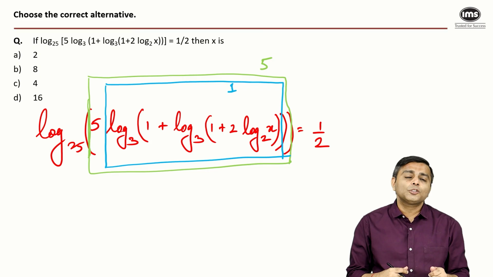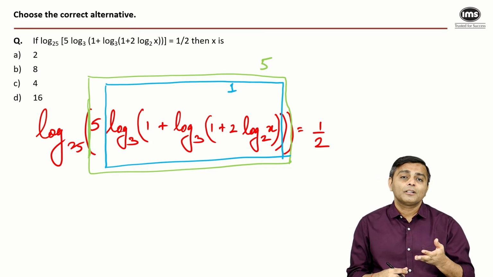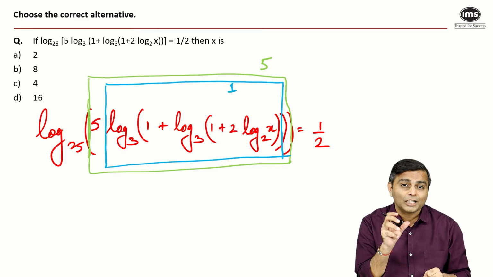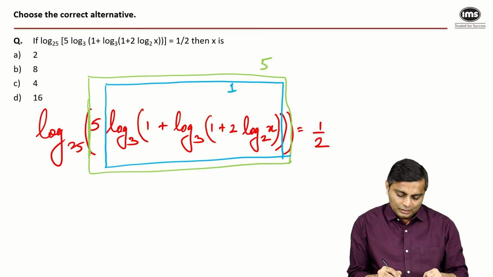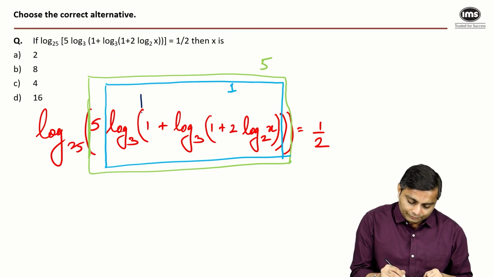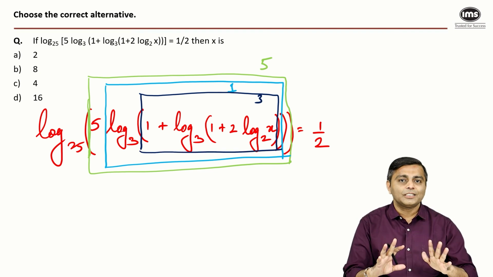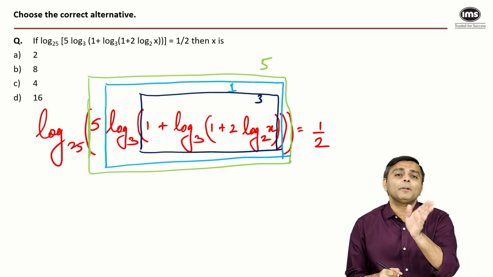If the blue box needs to be 1, log of something to the base 3, when is it 1? When that something is equal to the base, correct? Which means that something now has to be equal to 3. Let me use another color now. This guy needs to be 3. Only then log of 3 to the base 3 will give us 1. So again, inside that it is 1 plus something.